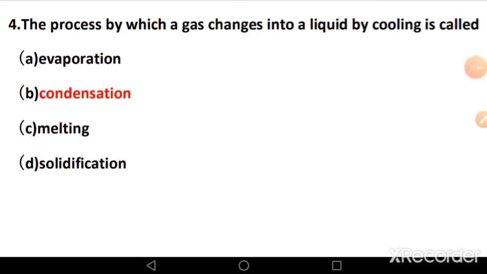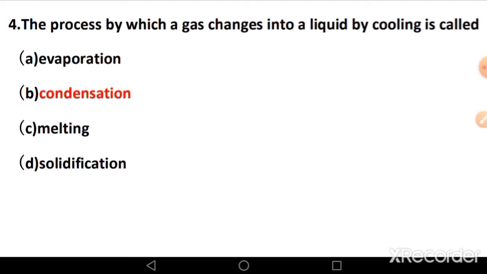Now fourth MCQ, the process by which a gas changes into a liquid by cooling is called: option A, evaporation; option B, condensation; option C, melting; and option D, solidification.